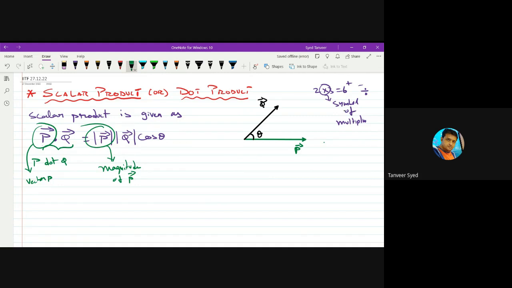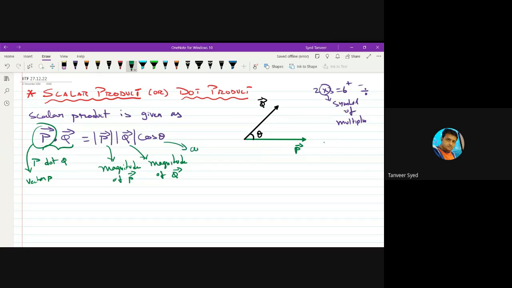I hope you remember. We represent magnitude of a vector by putting that vector between two lines, mod A or magnitude of A. So this is magnitude of vector P. And this is magnitude of vector Q. And everyone, I hope, knows how to find magnitude of a given vector. Right. Then theta. What is theta?